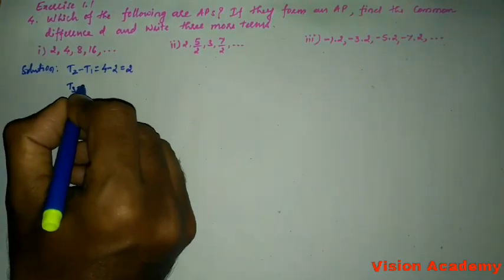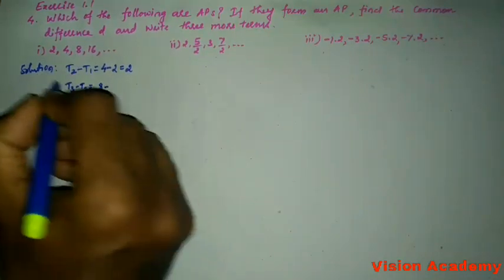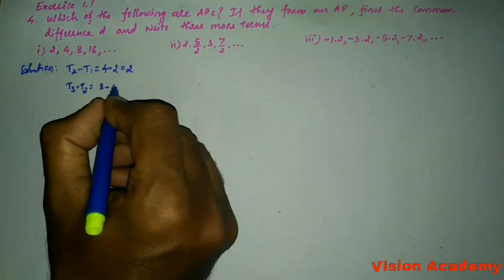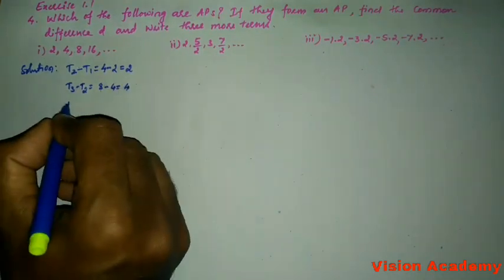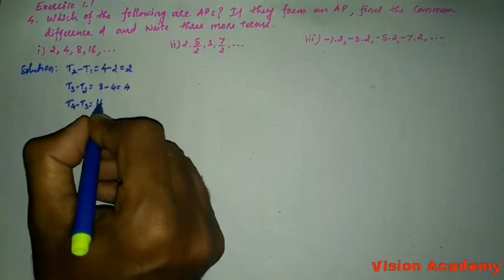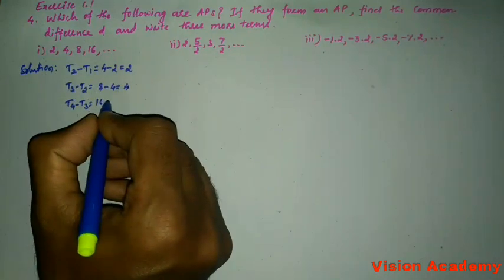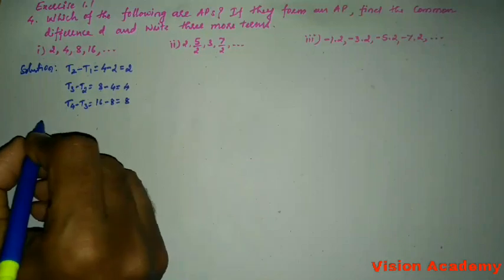Next is T3 minus T2. Here T3 is 8 minus T2 is 4. 8 minus 4 gives us 4. Next T4 minus T3. T4 is 16 minus T3 is 8, which is equal to 8.